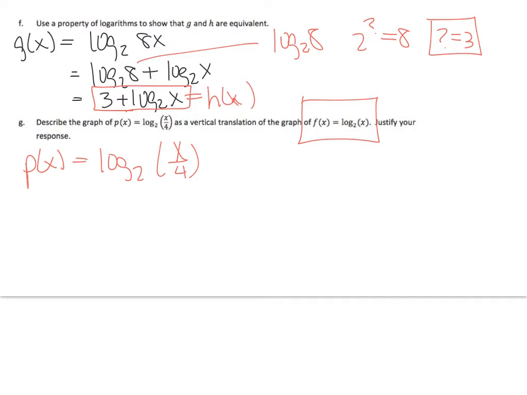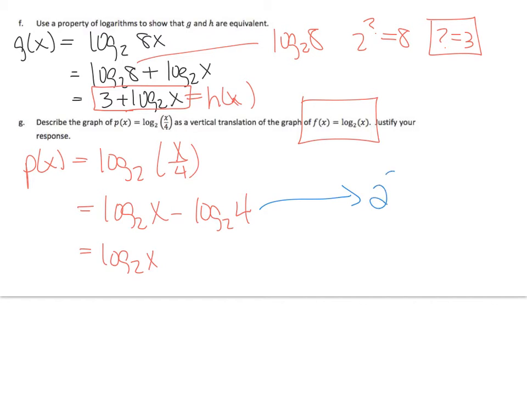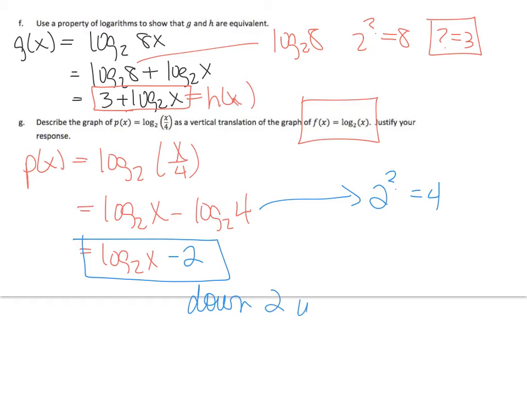So let's mess around with this one a little bit. So log base 2 of x minus log base 2 of 4. Log base 2 of 4 is 2 to the what power equals 4, so we're at minus 2, right? So there we have it as a vertical translation, down 2 units.